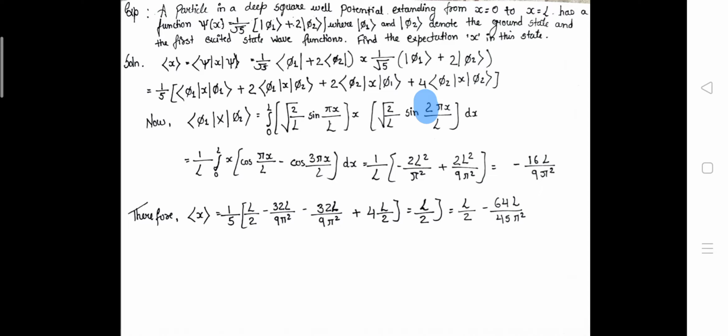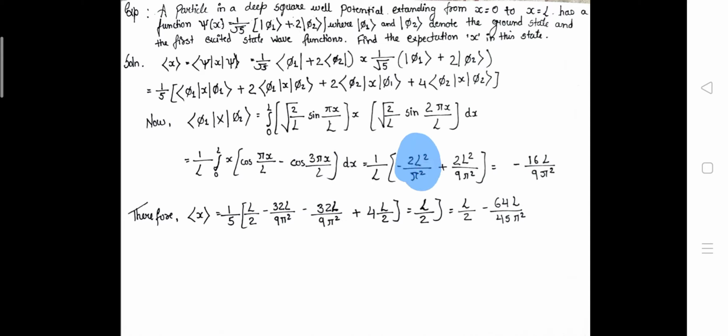So finally we will get 1 by L constant outside, and integral 0 to L x, and we will convert this sine square into this formula. So we will get cos pi x upon L minus cos 3 pi x upon L dx. And finally we will get 1 by L into the bracket minus 2L square upon pi square plus 2L square upon 9 pi square into the bracket, and we will get finally minus 16L upon 9 pi square.